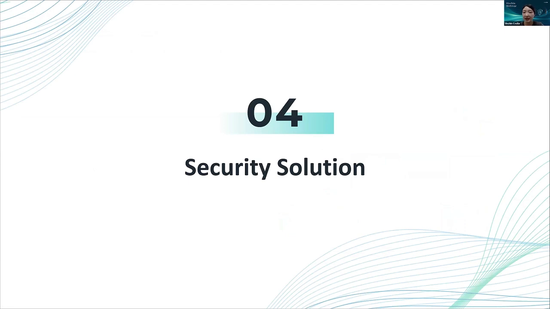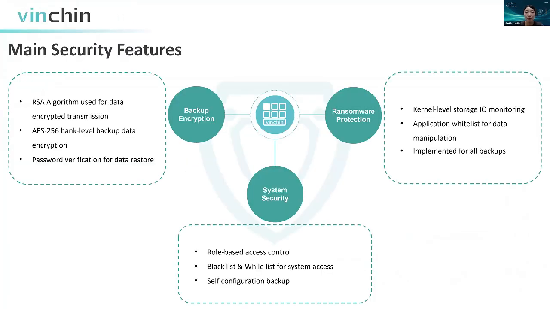And for this part, I'd like to introduce our security solution for how Vinchin protects your backup data and system. Because Vinchin always takes data security as the first importance for our customers, we protect our users' data safety from 3 dimensions.